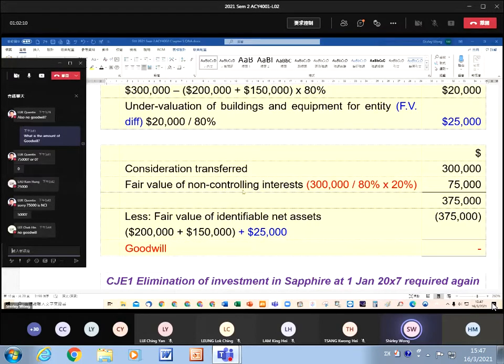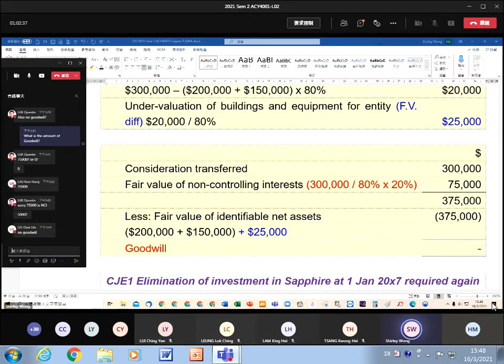Therefore, the fair value of NCI is 300,000 divided by 80% and then times 20%, which equals 75,000. Therefore, the total amount is 375,000.